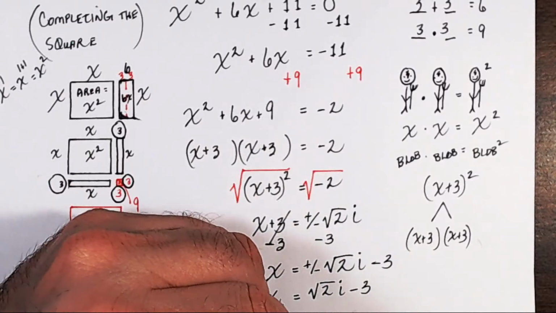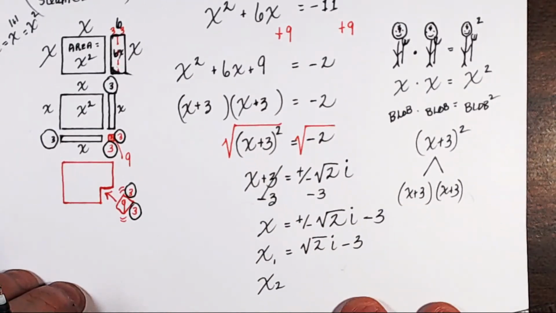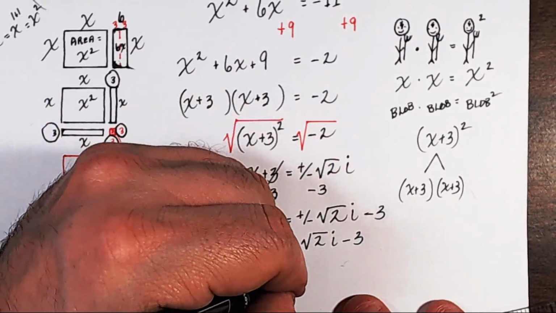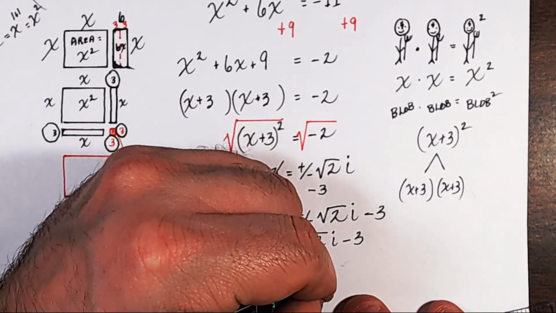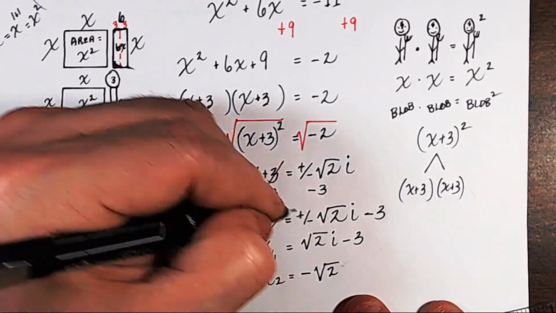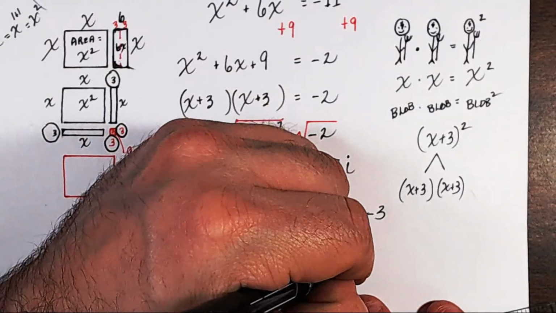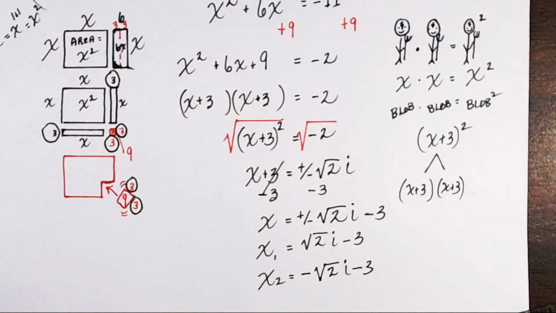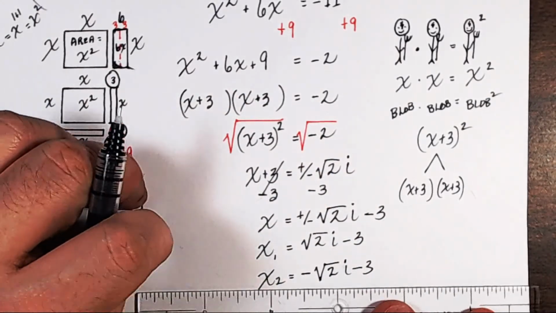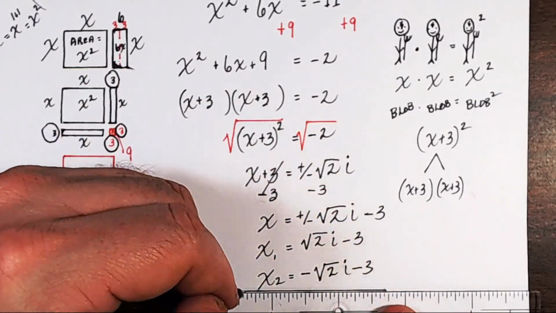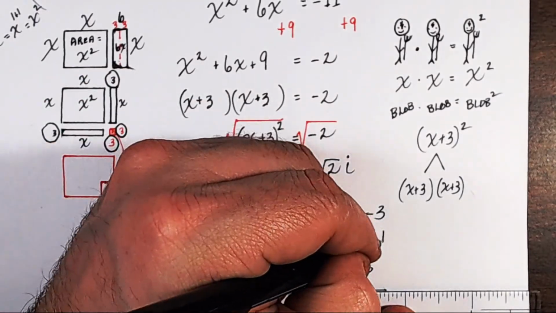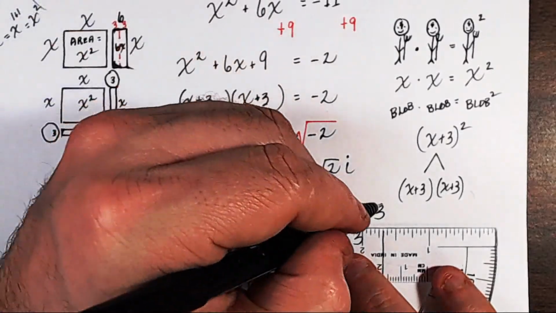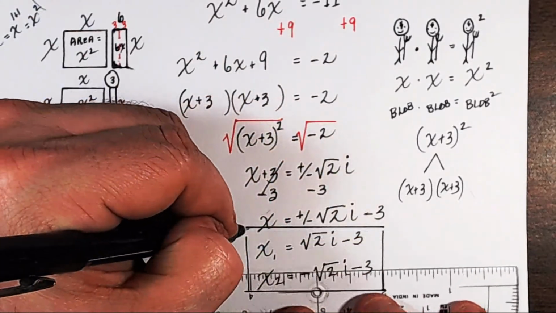And my second solution, x2, equals negative square root of 2 times i minus 3. These are the 2 solutions that our theorem predicted would be there.